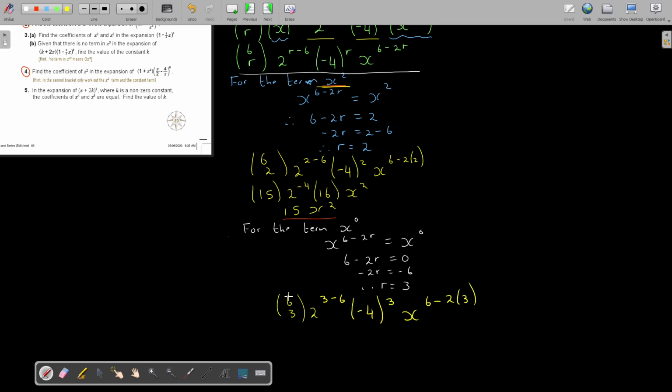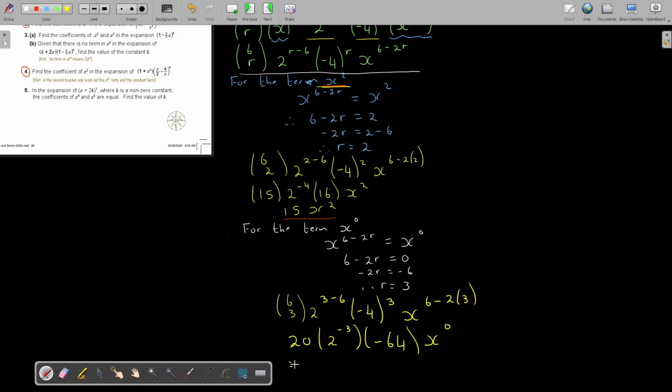So, okay, then you press on your calculator, 6C3, and I get 20, and I get 2 to the power of negative 3, and negative 4, you can put a bracket, negative 4, close the bracket, to the power 3, and it's negative 64. And don't forget that this will be 0, it's x to the 0, so it will cancel out.